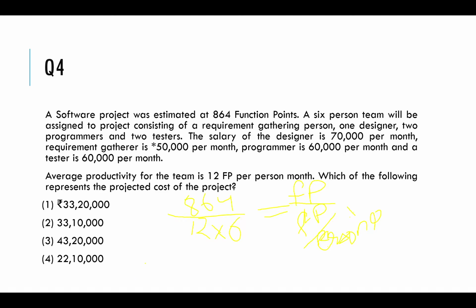So 864 divided by 12 into 6. I divided it into two steps, so the total months will come as 12 months.